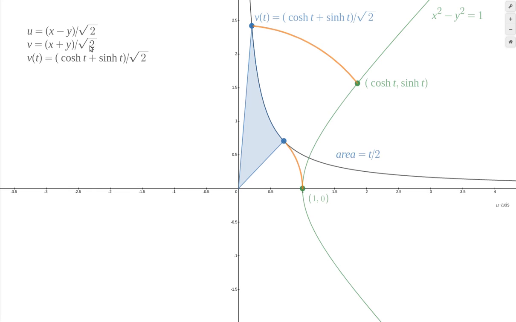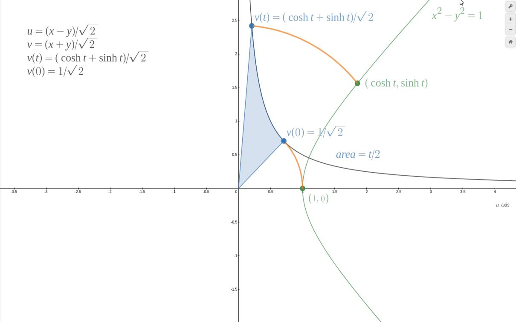So it's x plus y over square root of 2, and since the x is cosh t and the y is sinh t, the new vertical coordinate is going to be v of t equals (cosh t plus sinh t) over square root of 2. Down here, this particular point rotated from (1, 0), where t equals 0. And so it's just a special case where t is equal to 0. And that's where cosh is 1 and sinh is 0, and so we just get 1 over radical 2.